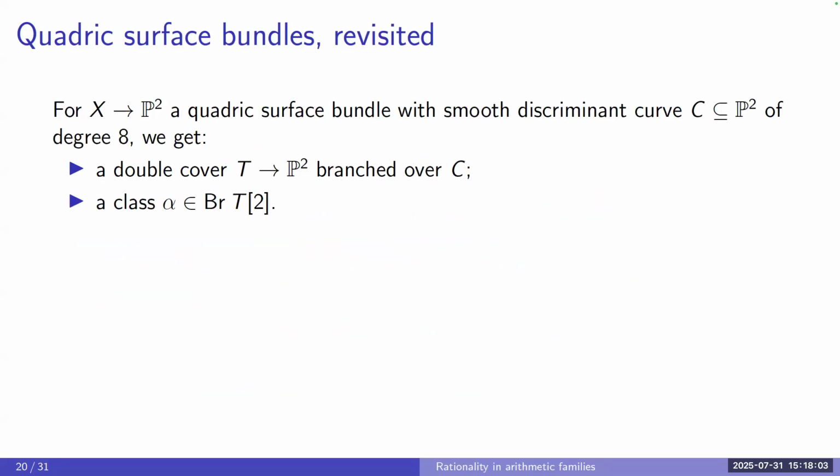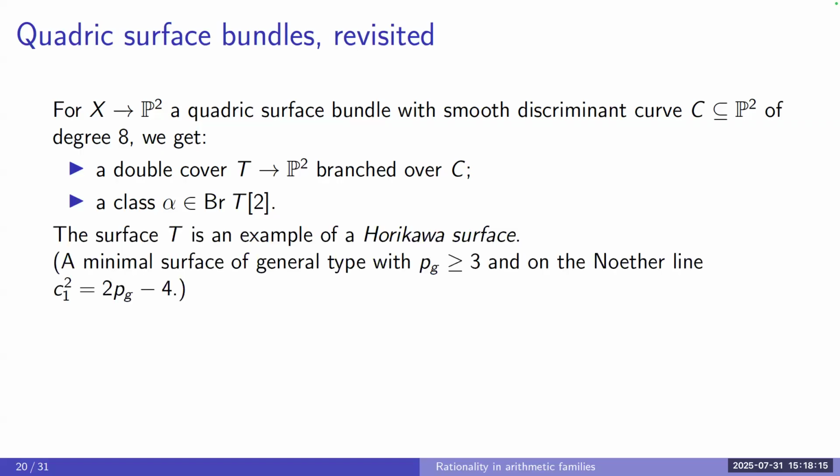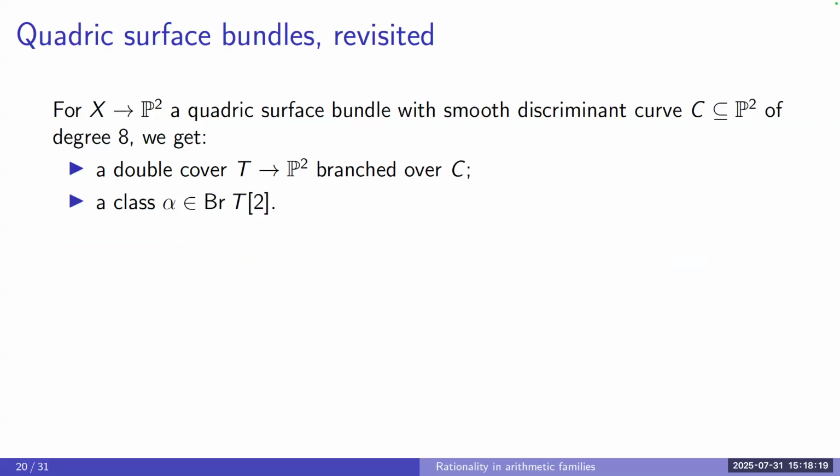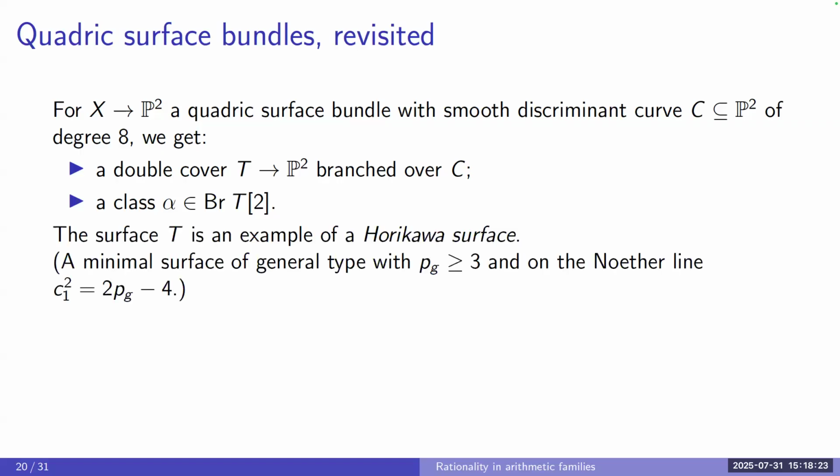So let me consider more general quadric surface bundles of this form. Suppose now I have one with a smooth discriminant curve of degree 8. Then I'm back in this setting that we've already discussed. I get this discriminant double cover branched over C, and I get this Brauer class, which if it vanishes, then X is rational. But in this case, this double cover is branched over this degree 8 curve, so this is an example of a Horikawa surface.